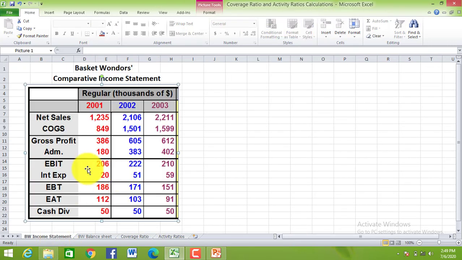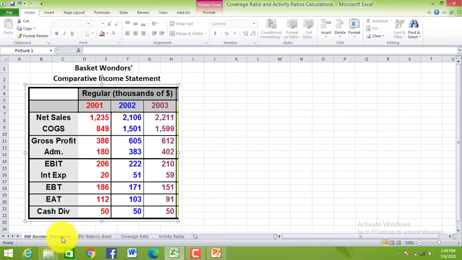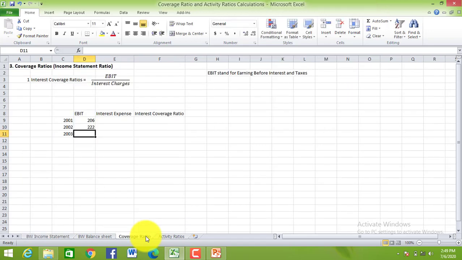So in 2001 EBIT is 206, then 222, 210, and these are in thousands. That means 206,000, 222,000 and 210,000 is your EBIT.